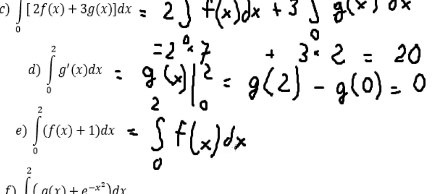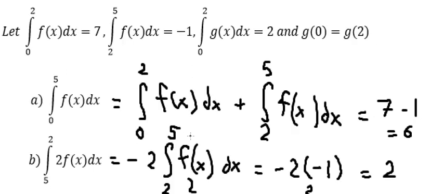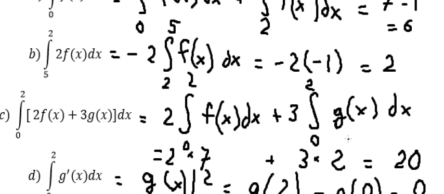The next one you got the integral from 0 to 2 of f of x dx plus the integral from 0 to 2 of dx, because we have the number 1 in here. And this one you got 7.